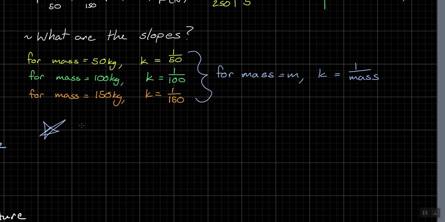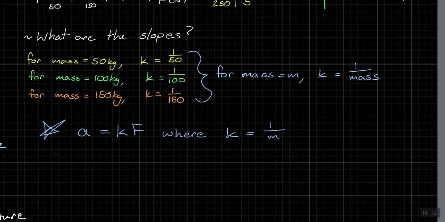I know at this point that acceleration is exactly equal to k times F, that's where we started, where k, what did we just find it was? 1 over the mass. I'm going to use 1 over m for mass since that's what we're looking at.